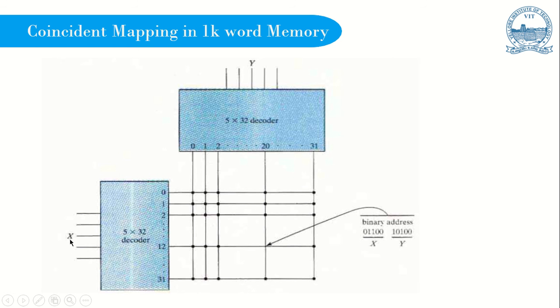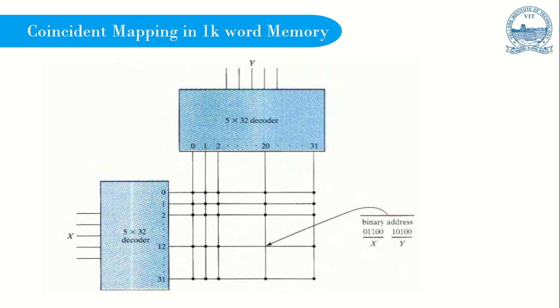The X indicates the MSB 5 bits and the Y indicates the LSB 5 bits, and the intersection of every row and column, marked as a dot, is a particular memory location. In each row I have 32 memory locations for all the 32 rows, so totally we have 32 cross 32, 1024 memory locations.